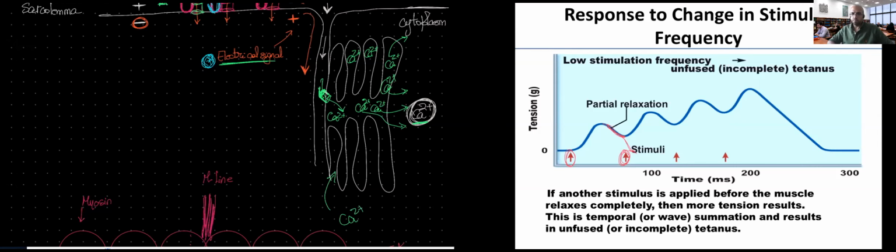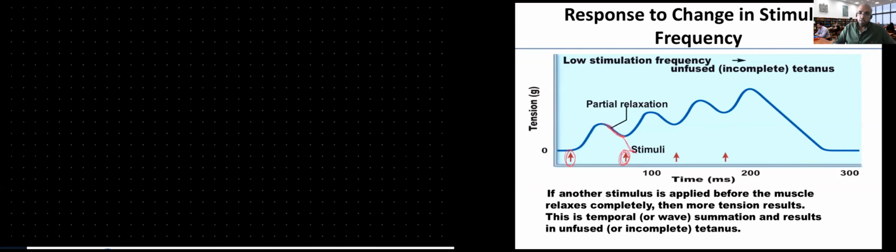So let's say if I receive the stimulus, I would be releasing 4 calcium out to bind to 4 troponin, to move 4 tropomyosin, to allow 4 myosin to bind to actin.